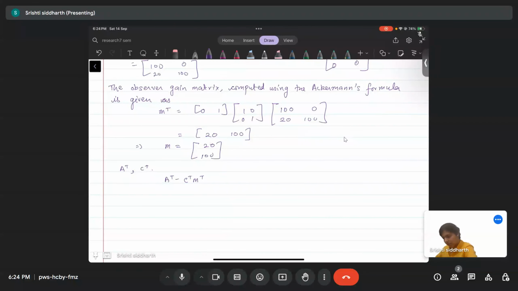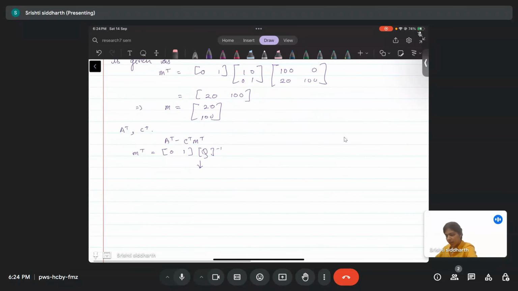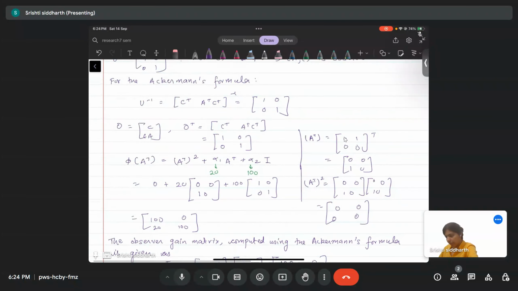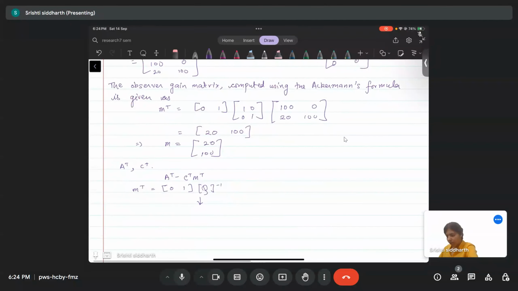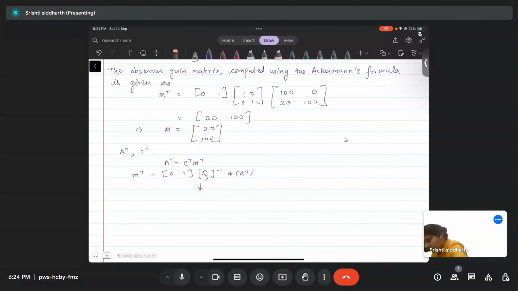If this is the system, then the gain would be M transpose, given by 0 1, and then from the lecture we have this inverse. Q for this is the controllability matrix formed by A transpose and C transpose, which you have just seen is computed using the observability matrix for this case. And then we have phi of A transpose instead of A.